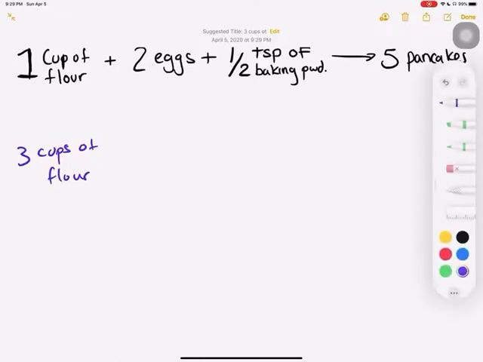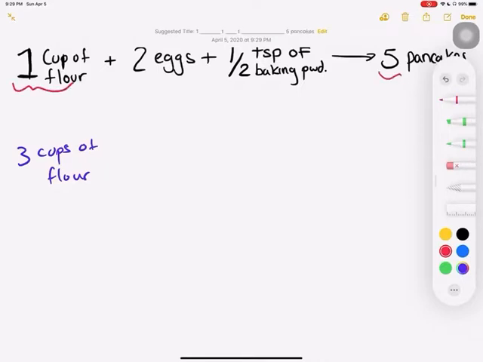The relationship that we have here is that 1 cup of flour is enough to make 5 pancakes. So that is the relationship of flour to pancakes, right? 1 to 5. So if I have 3 cups of flour, can you see that it makes sense that the highest amount of pancakes that I'm going to make is 15 pancakes? Why is this? Because this number over here triples, so this number over here has to triple.